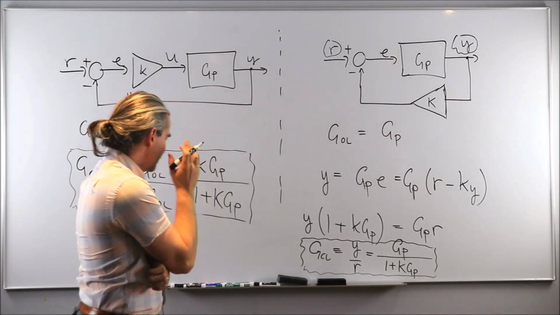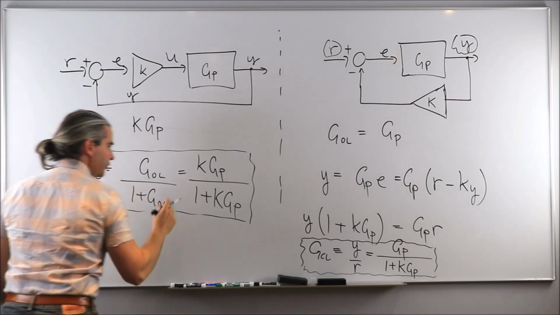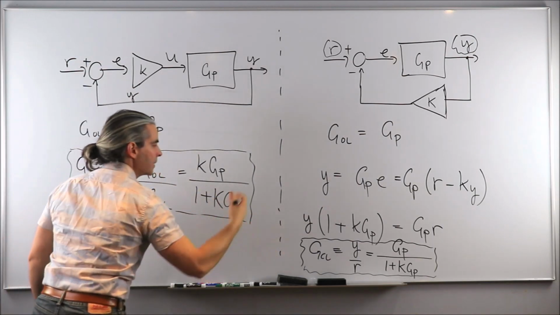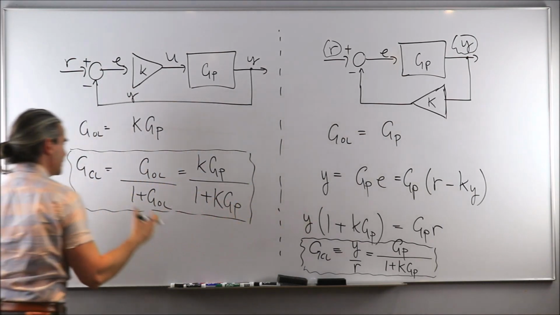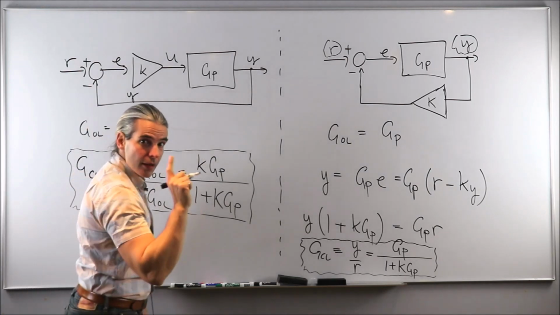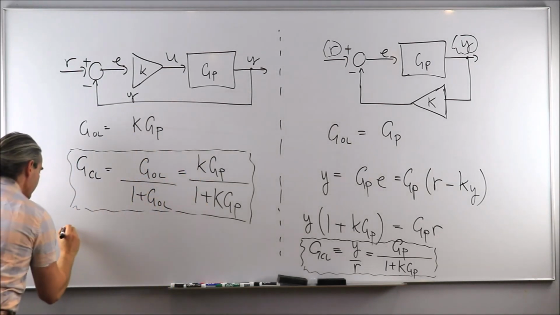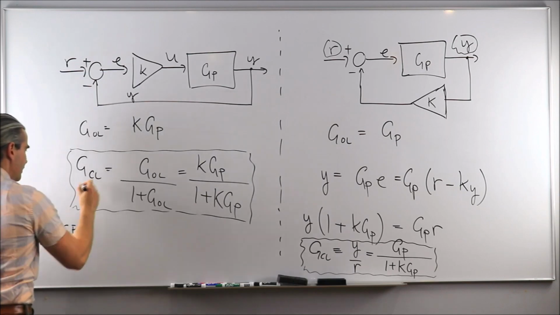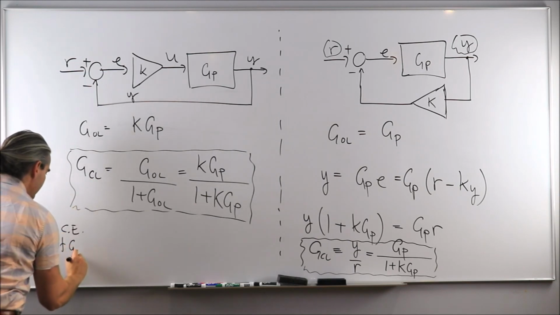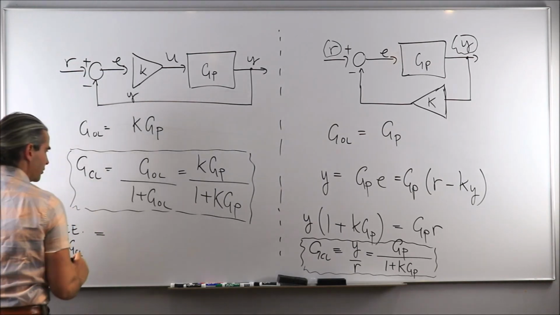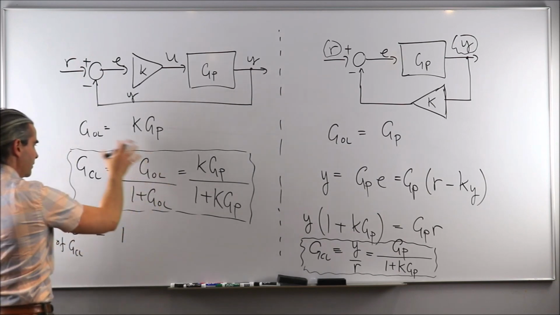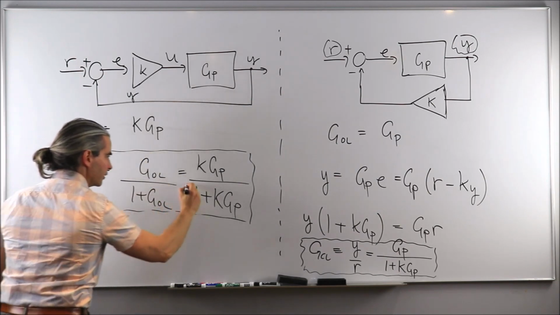Well, it's not that bad, because if you compare what matters, and what matters is not the transfer function, but the characteristic equation. The characteristic equation of G closed loop is going to be equal to the denominator of the closed loop transfer function.